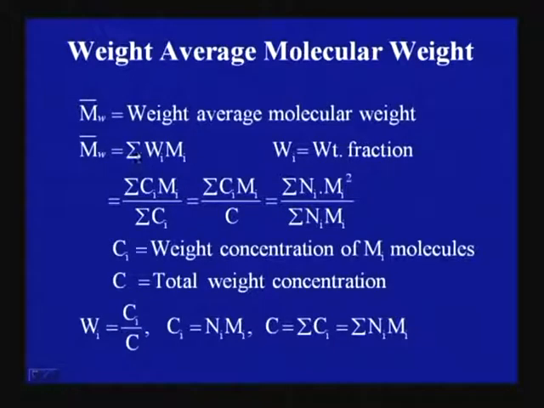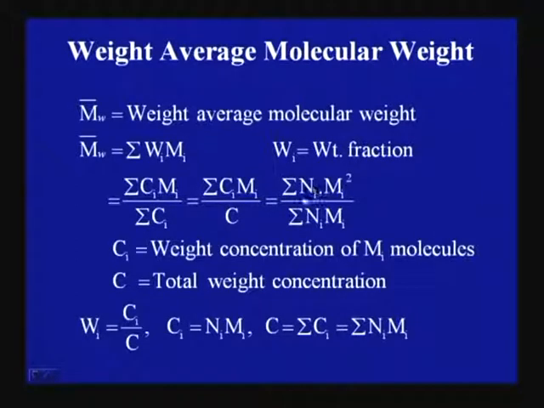It is the sum of weight fractions of the ith species multiplied by the molecular weight of that particular species, and if it is expressed in terms of concentration, then you can have this kind of relation by introducing the concentration terms of the ith species.